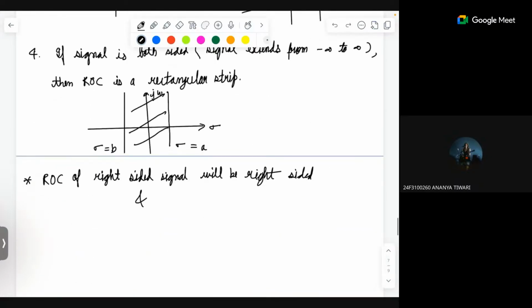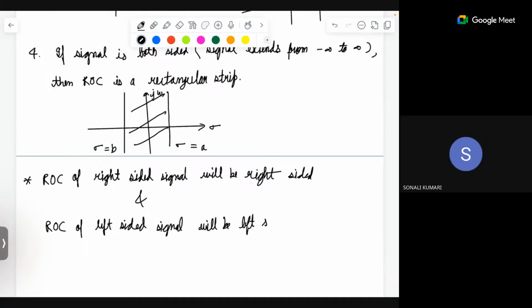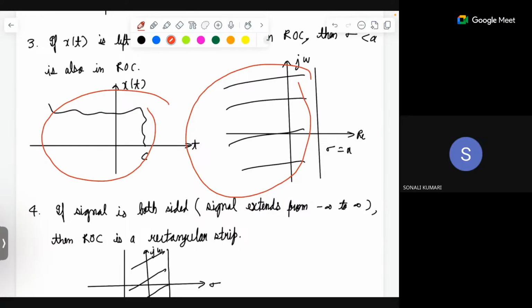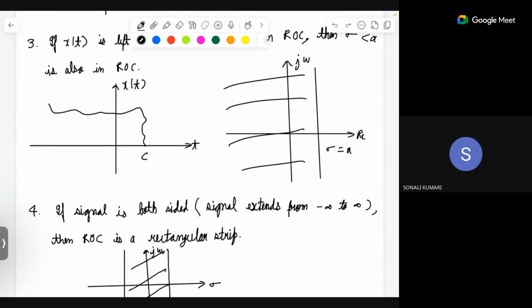Others, Sonali, Jay, Swastika, Rohit. Yes, ma'am. And similarly, ROC of left sided signal will be left sided. Let us see. Here, my signal was left sided. ROC is also left sided. Clear? Yes, ma'am.